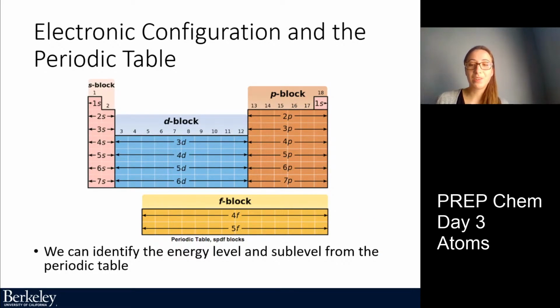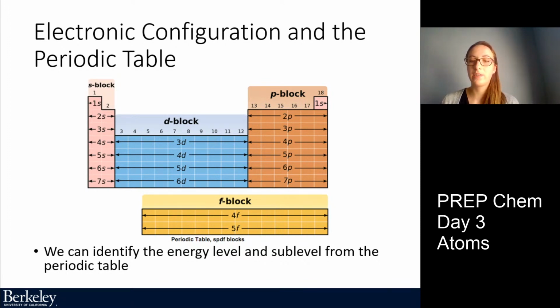Great. So we've talked a lot about the periodic table during this class, and the electronic configuration actually does relate to the periodic table. So we can identify the energy level and sublevel from the periodic table. We'll go through an example on the next slide, but right now on this table I've labeled the S blocks, the D blocks, the P blocks, and the F blocks.